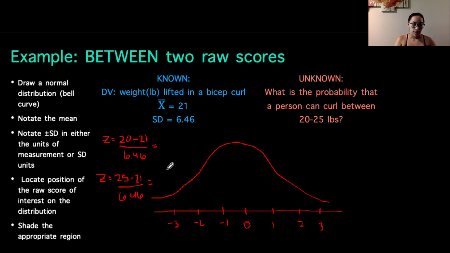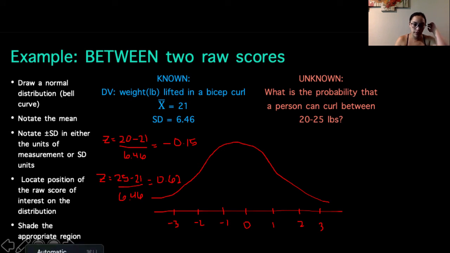Okay, if we do these in our calculator, we get negative 0.15 and 0.62. Okay, so 1 positive and 1 negative.